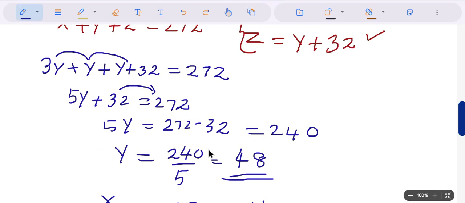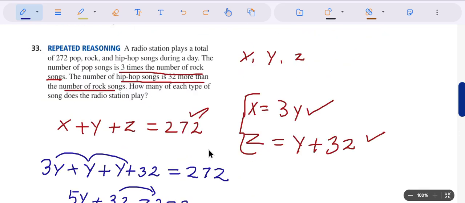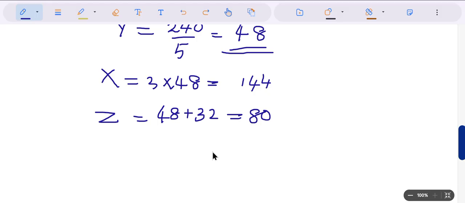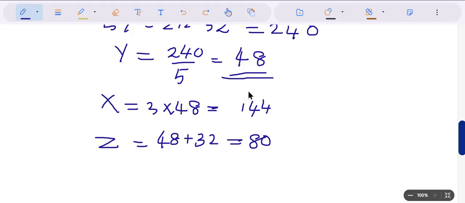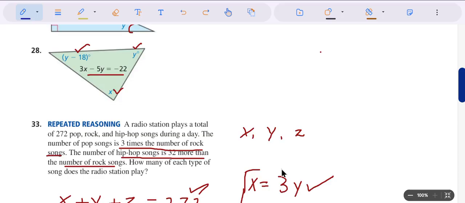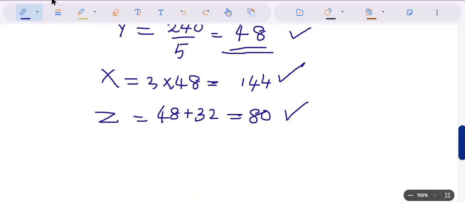Wherever there is some relation between two variables, we can connect them with an equation. And that is a system of equations. Substitution method we applied and we got all the three. So what is the meaning? 48 rock songs, 144 pop, and 80 hip hop songs.